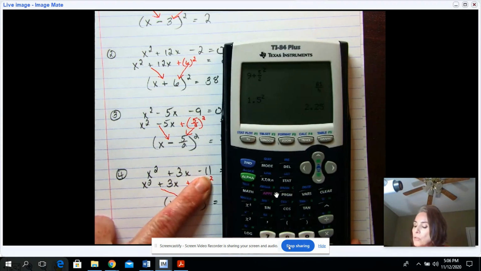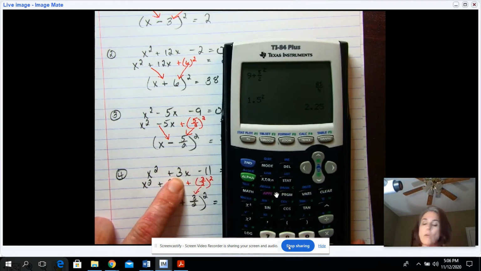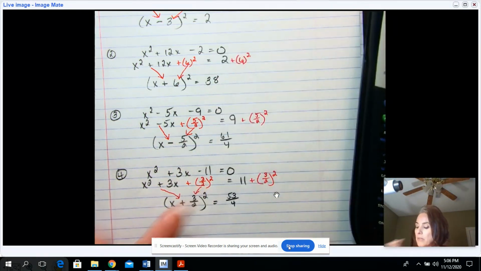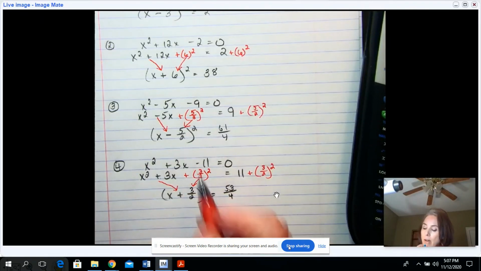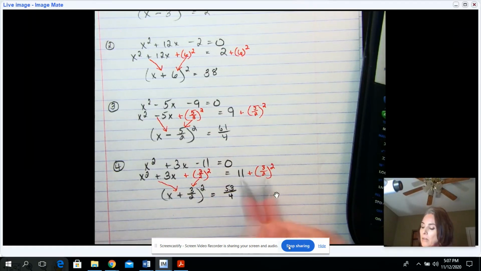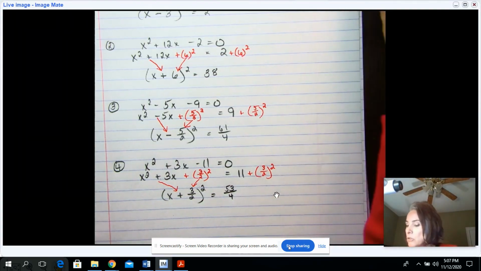Would you know what factors of 2.25 would give you a 3? No. So just leave it in this form. Just make sure it's a reduced fraction. And so you use that sign, use what's inside that parenthesis, and then use your calculator to figure that out. And that ends up giving you 53/4. And that's it. So you're going to do the following problems.